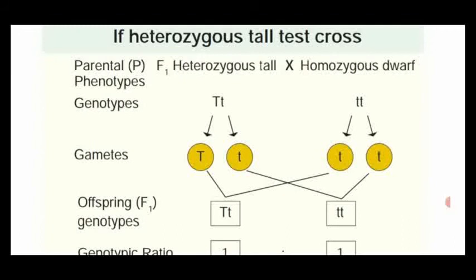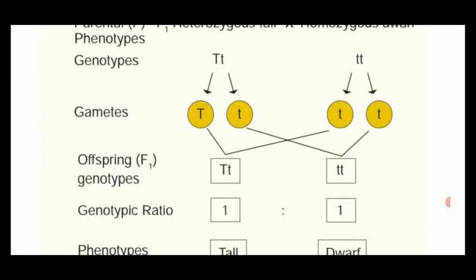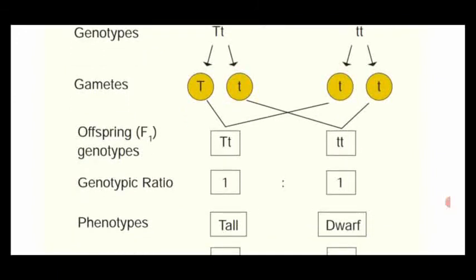Both are the same, named homozygous dwarf. So we get the gametes, where the alleles are segregated separately: capital T, small t, and here small t, small t. Then these gametes are joined together to form the F1 genotype.